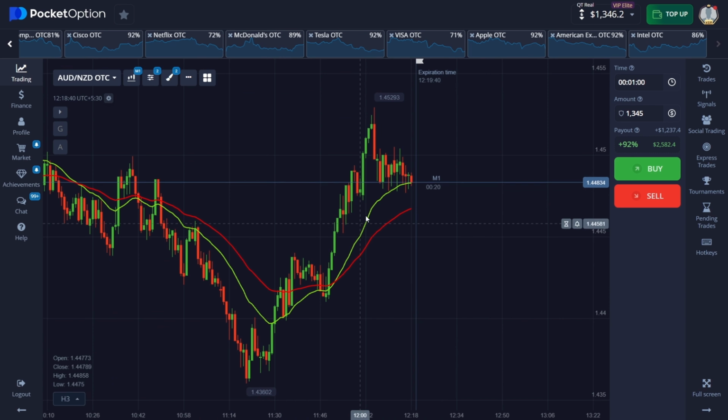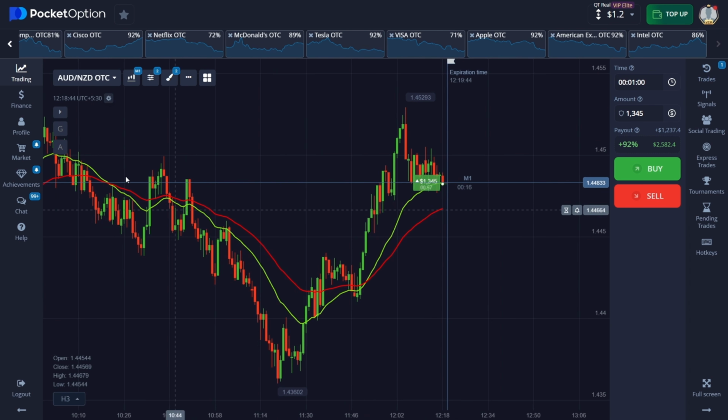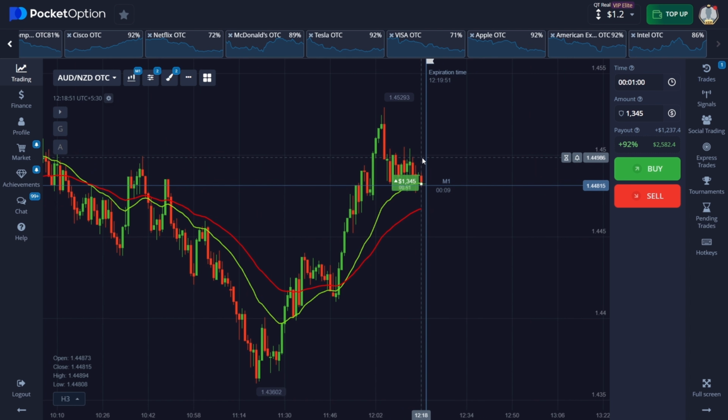Alright, on ONZD, I found a trade and placed $1,345 trade for the upside move. As you can see, there was a downtrend and the candle took the trend and found support from both EMA 25 and EMA 50. The previous candle was taking support from EMA 25.